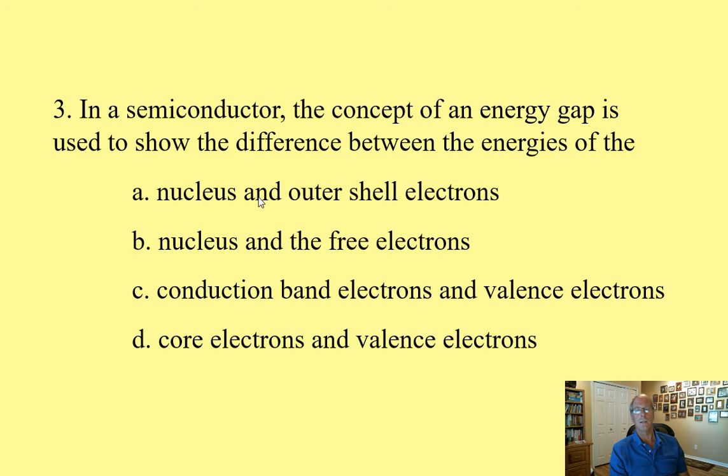In semiconductors, the concept of energy gap is used to show the difference between the energies of conduction band and valence electrons. So you go from the valence band to the conduction band, sort of a visual, if you will. In the conduction band, the electrons are moving from atom to atom, out of their valence band.